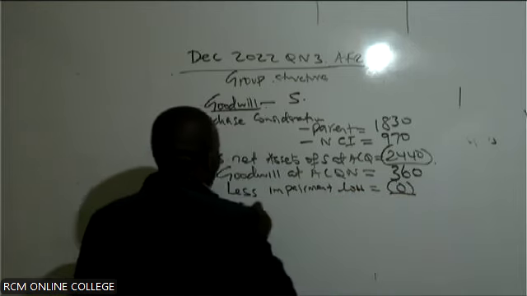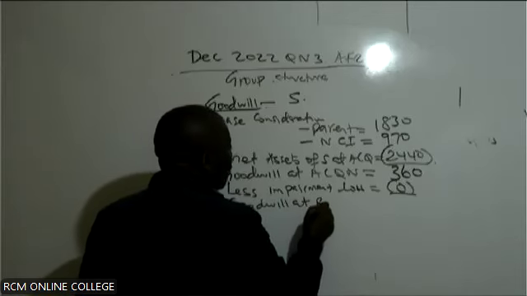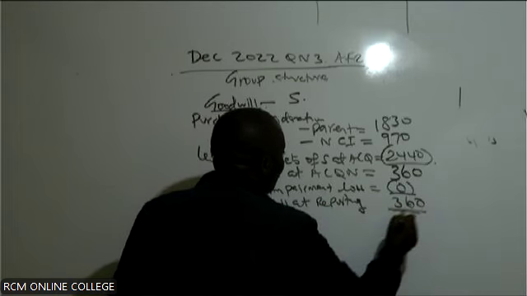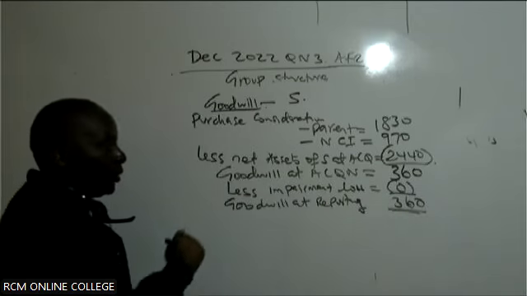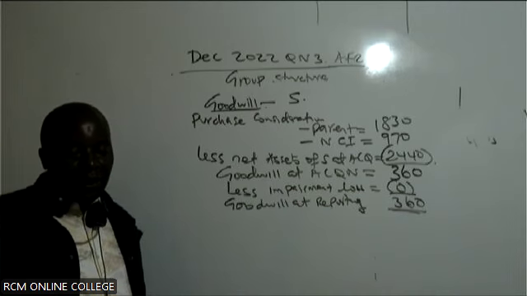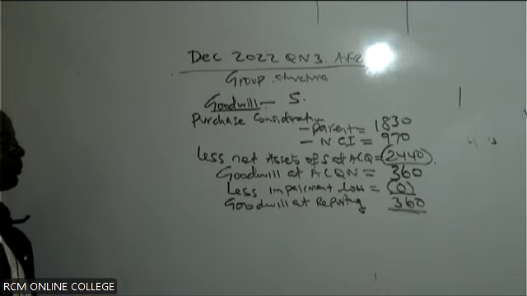So we have goodwill at reporting. I saw one student, I think it's Mauritia, who did this very well. The 360. She got it. Great. So that's goodwill in S.